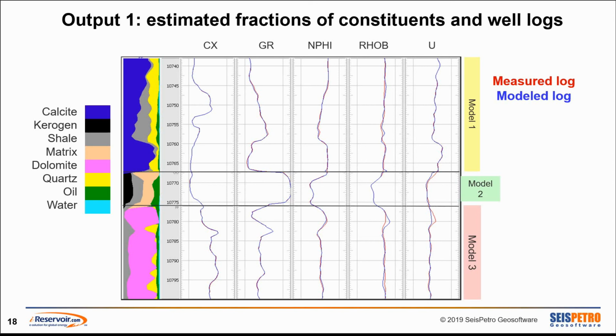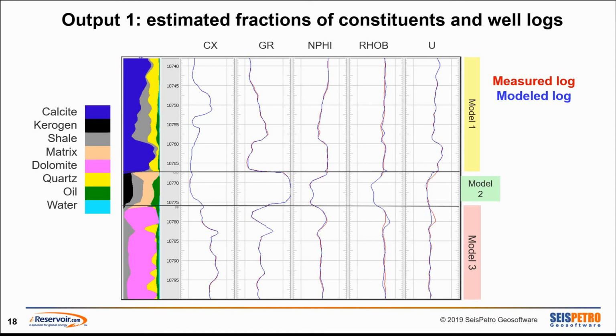In this particular example, the interval of interest was separated in three different parts, and each of the sub-intervals was modeled using a different model. In model number two, the middle interval, we generated a new artificial rock that we call matrix.